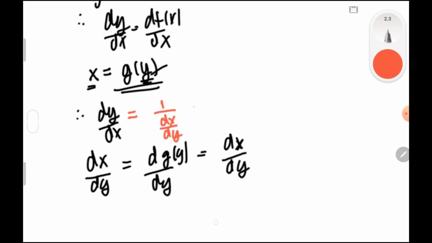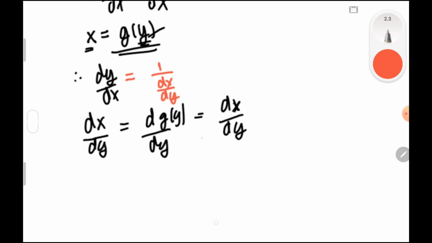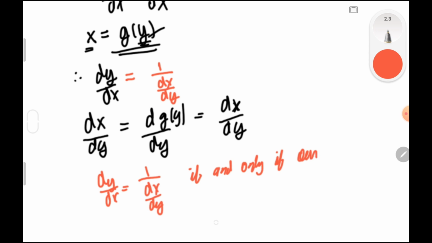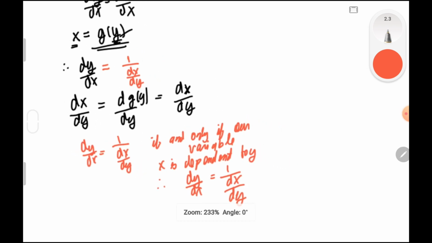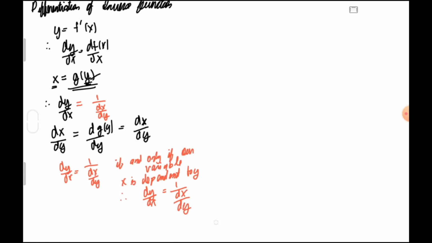From this, we may say that the inverse function rule works, dy over dx is equal to 1 over dx over dy, if and only if our variable x is dependent on y. So this is our inverse function rule.